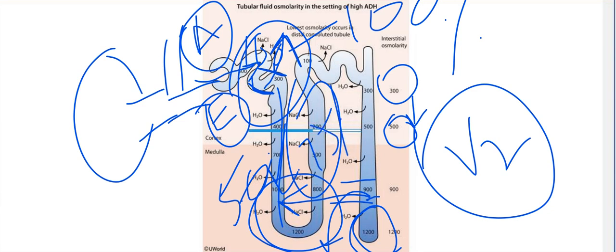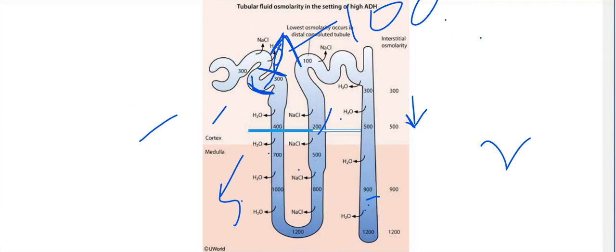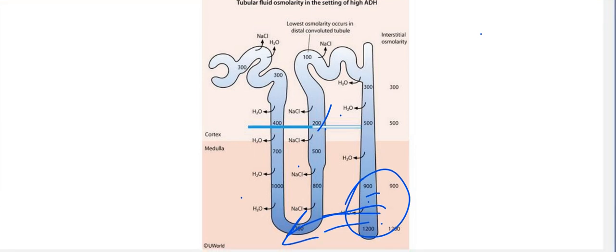But one important concept, when here in the collecting duct, let me erase all of that, otherwise it will not be easy to understand the things properly. When I erase all that, you can easily see that if some of it is reabsorbed into the interstitium and some goes to the loop of Henle here, then the remaining will not be 100%.